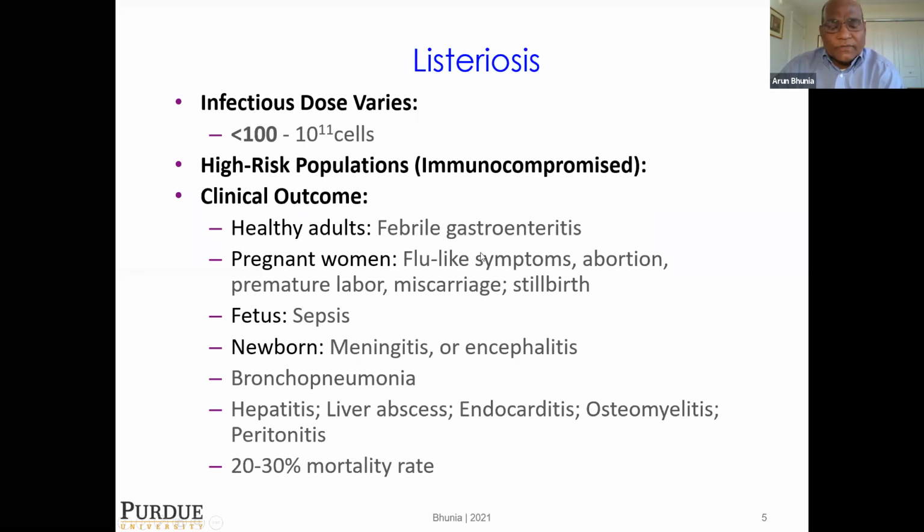The mechanism of gastroenteritis is not really known, so we need to find out a little more about how this organism causes it. But primarily, it causes systemic disease. Pregnant women, fetuses, and newborns are heavily infected, and it's a pretty severe infection. The overall mortality rate is 20 to 30%, which is pretty high.